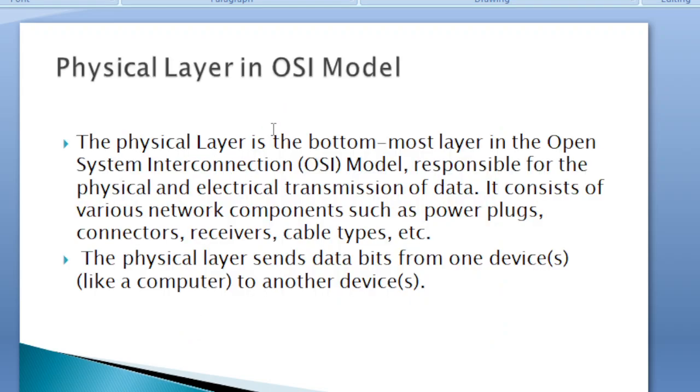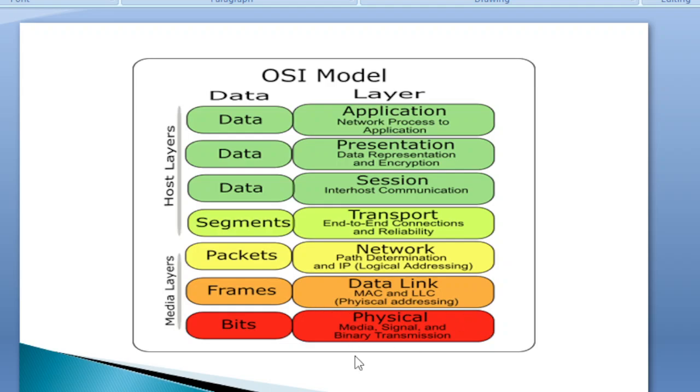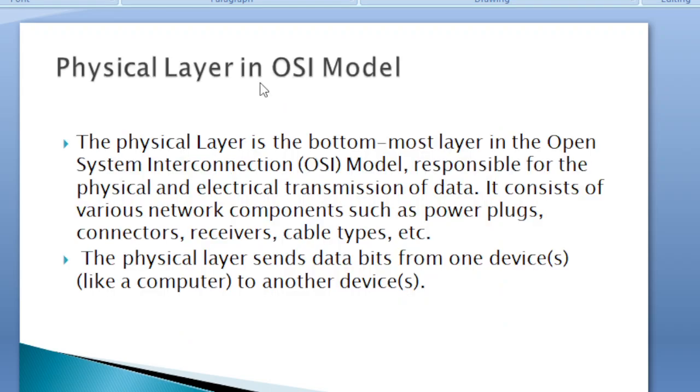Next, in this class, I am only explaining the physical layer in the OSI model and its functionality. The physical layer is the lowest layer in the 7-layer OSI model. It is responsible for sending raw data as electrical signals, light pulses, or radio waves over a physical medium like cables or wireless channels.